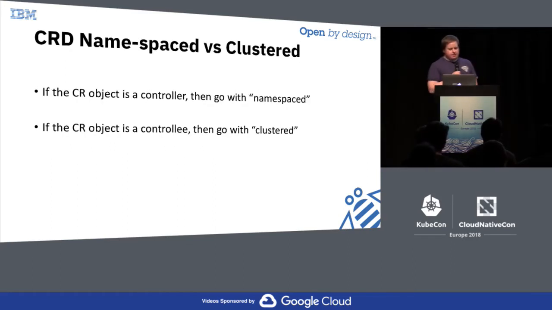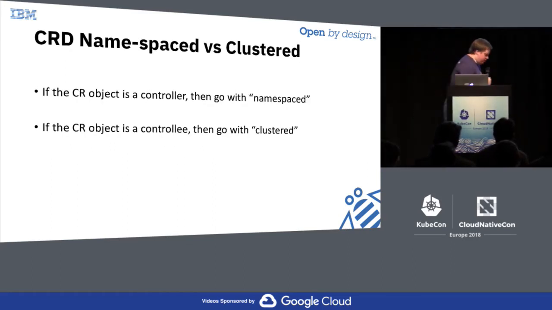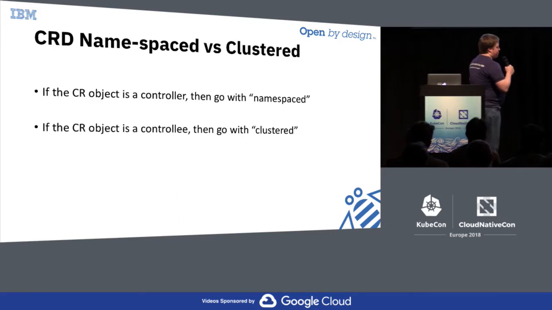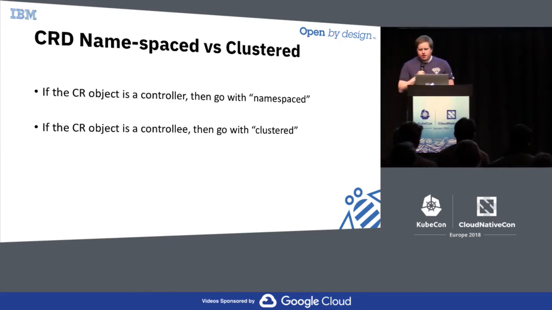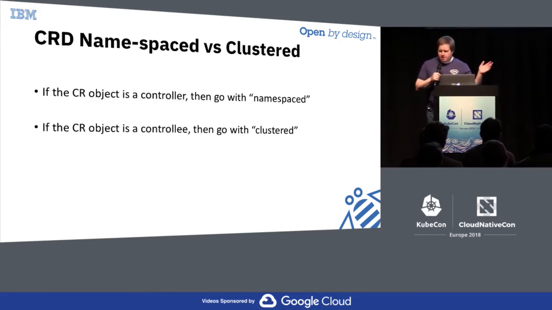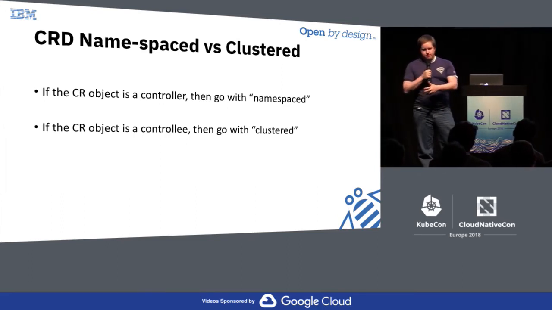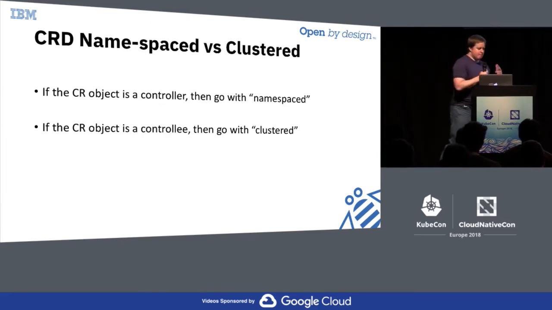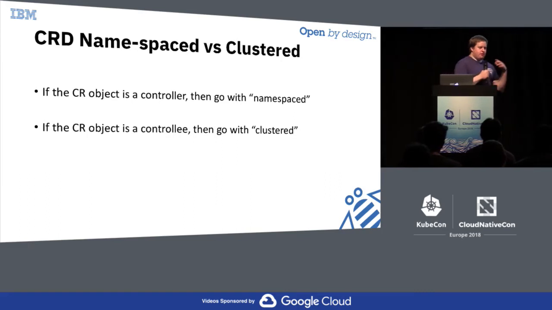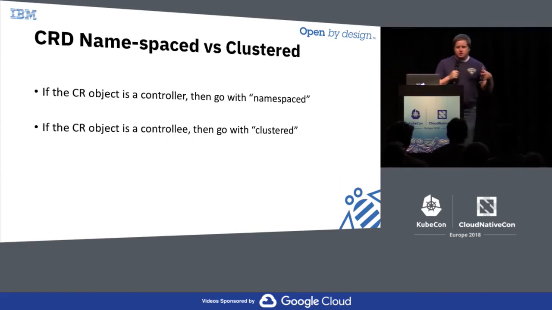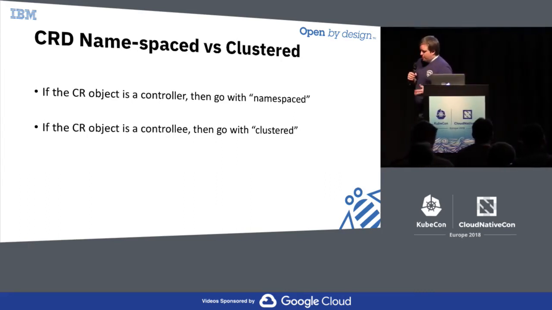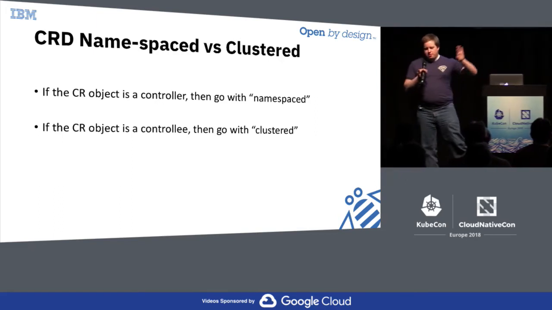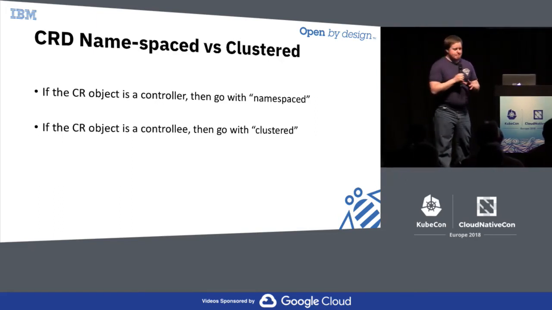Okay, describe that. So some sort of best practices or useful ways to look at namespacing versus cluster availability is, if your object is the controller, you probably want to have it in a namespace such that people can have one in their namespace, and then people not in that namespace can't touch it.